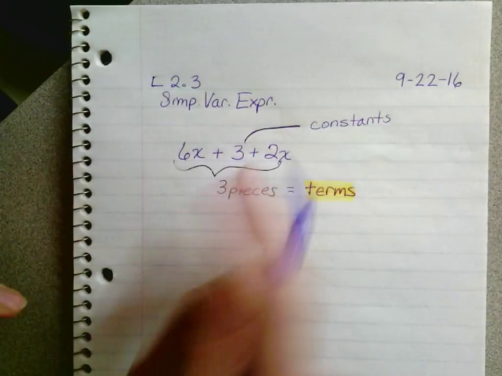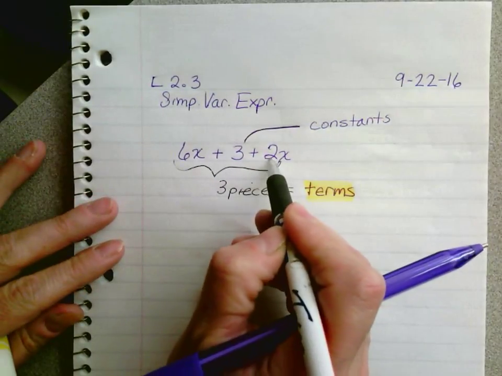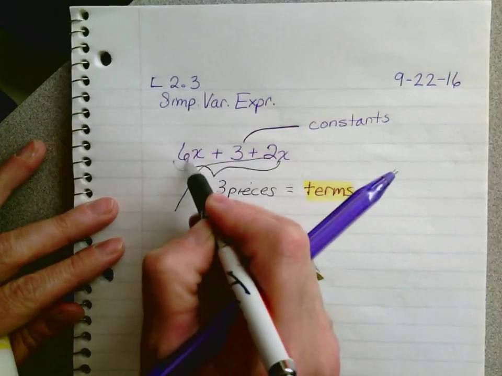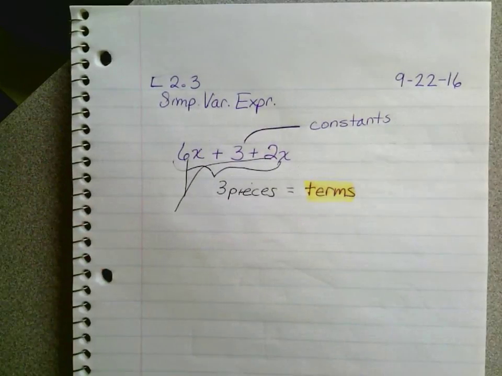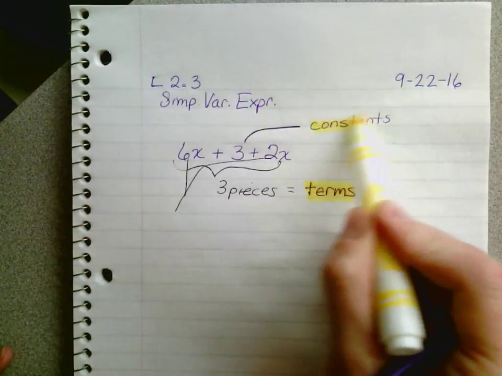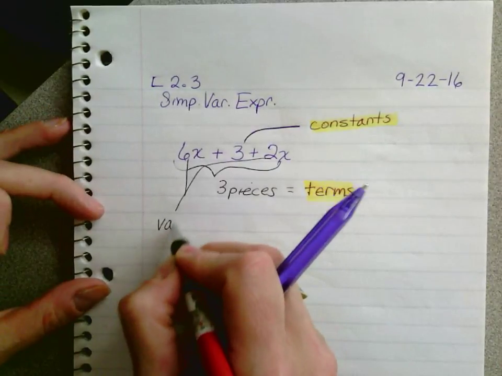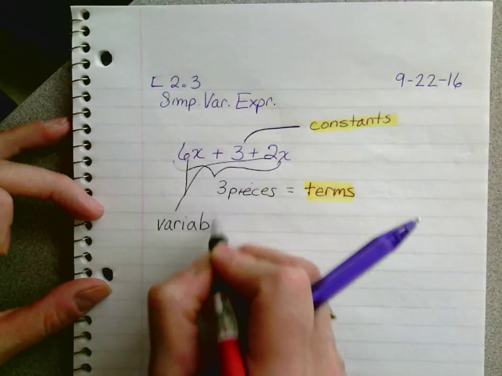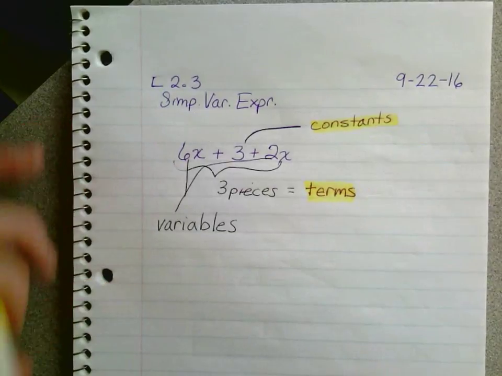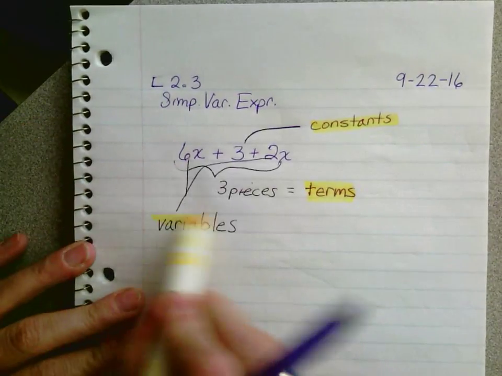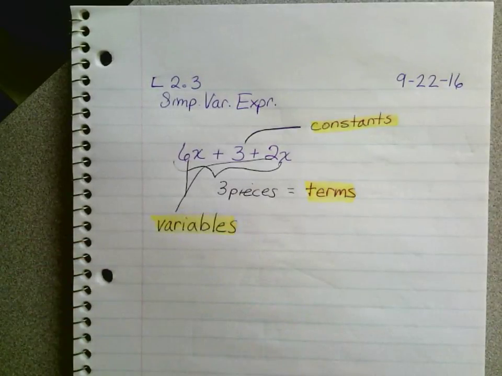And the terms that are attached to a letter are called variables. So all 3 pieces are terms. The one that's only a number is a constant. The one that has a variable attached is a variable.